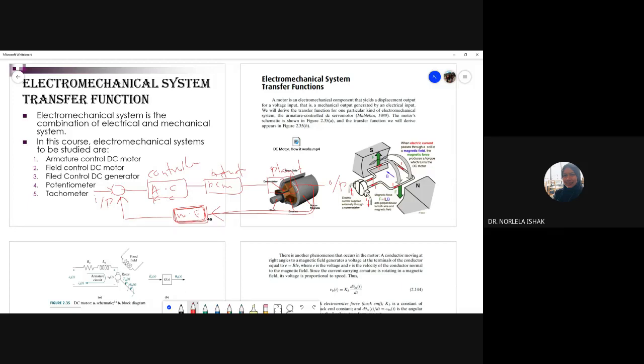Let's say from this example, we have two types of measurement element or transducer. One is a potentiometer, another one is a tachometer. First, remember, we use the tachometer to measure what physical output? Speed.